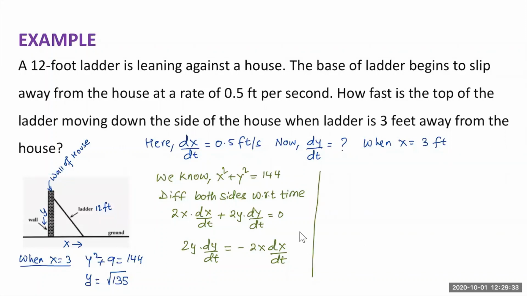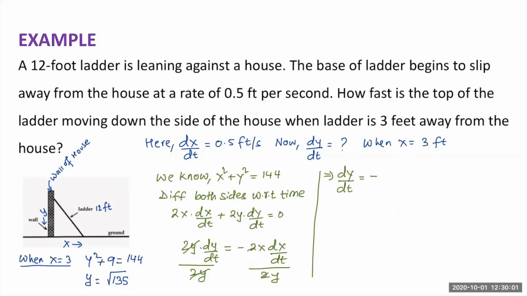Now you know that I'm looking for dy over dt, so I'm going to keep that on the left hand side. In order to just keep dy over dt on the left hand side, I have to divide on both sides by 2y. So here I'm dividing by 2y, and here also I'm dividing by 2y. So the 2y cancels on the left hand side. On the right hand side, 2 and 2 cancel.